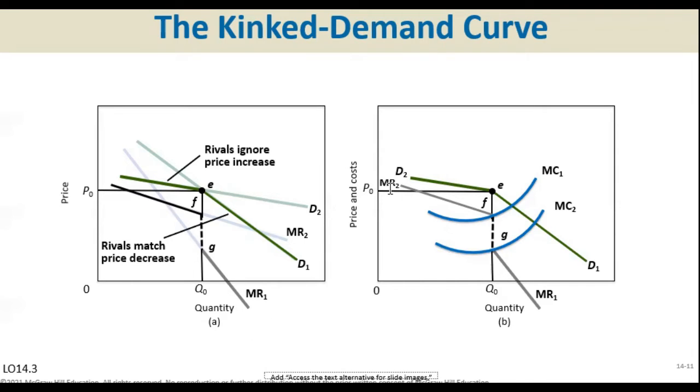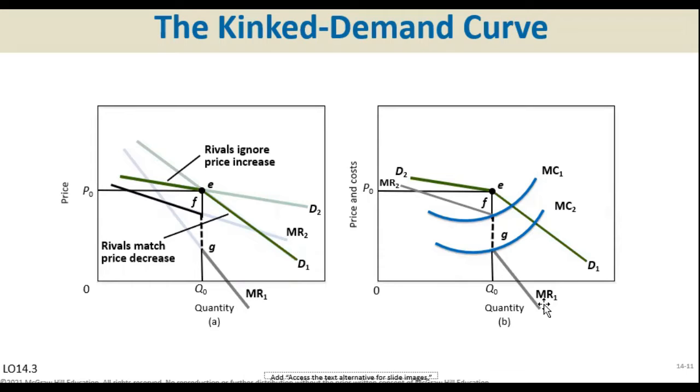Also, the marginal revenue curve has two different sections, the one assigned to D2 and the one for the demand curve D1, which is MR1.